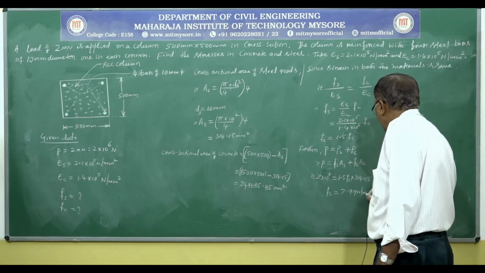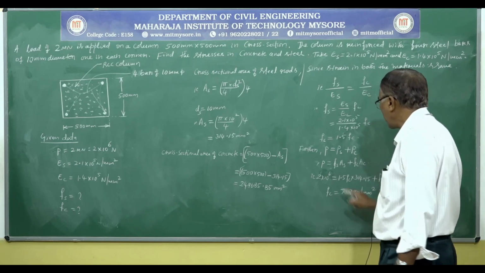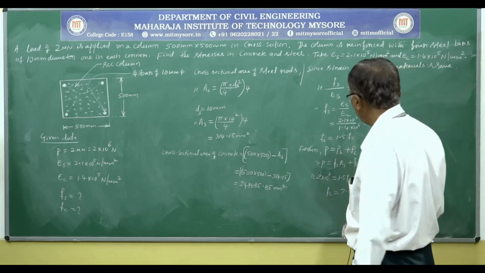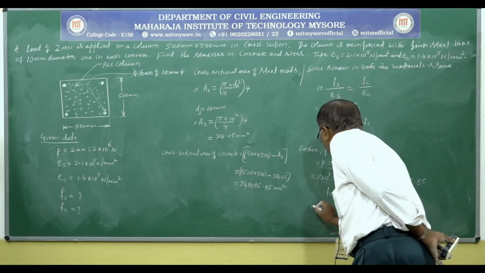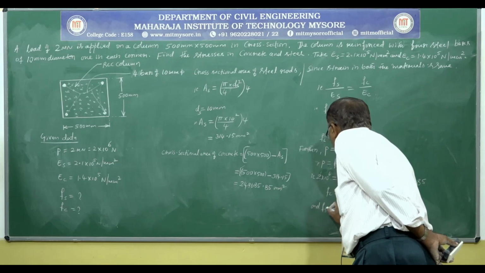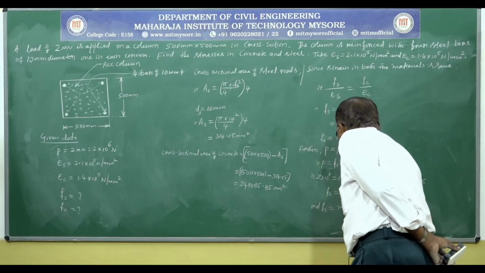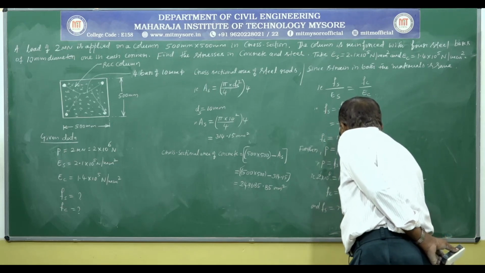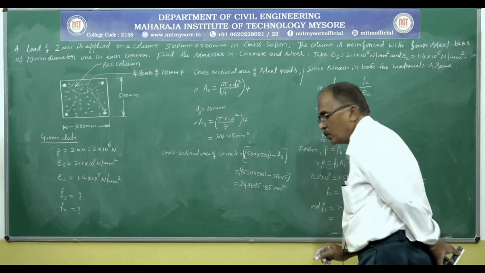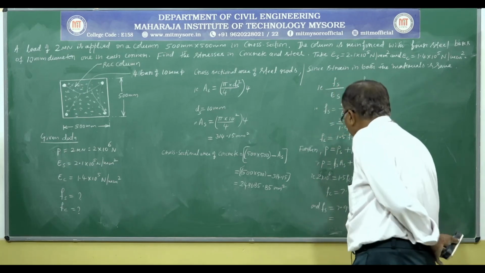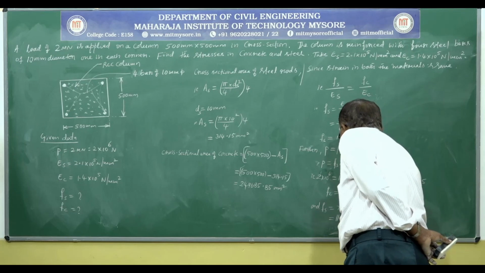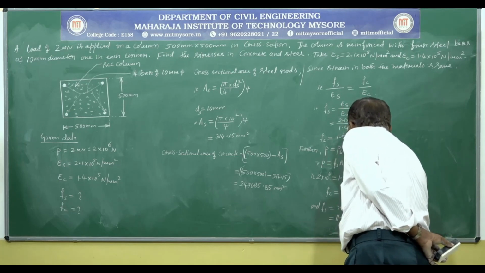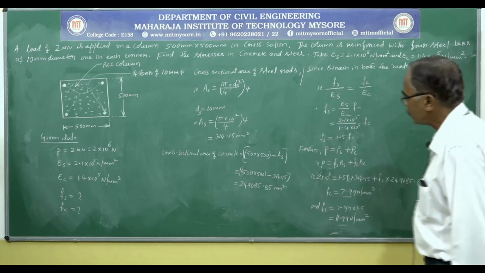So solving this, you will get Fc is equal to 7.99 Newton per millimeter square. By back substitution in the expression which we already got, Fs is equal to 7.99 into 1.5, that is equal to 11.99 Newton per millimeter square.